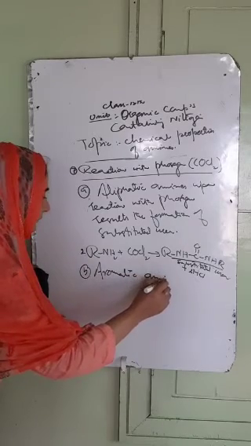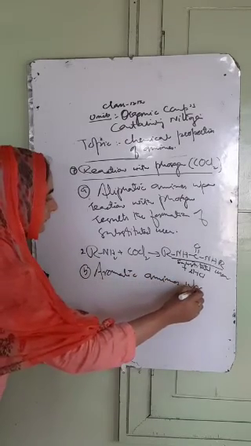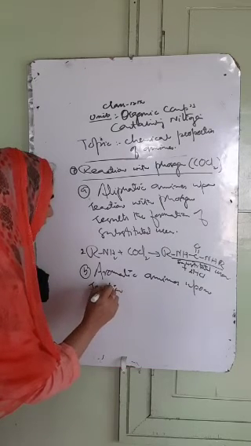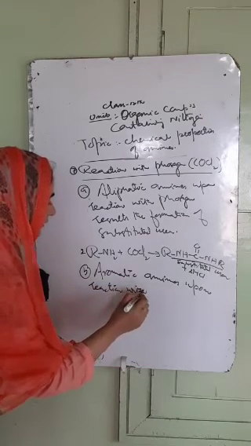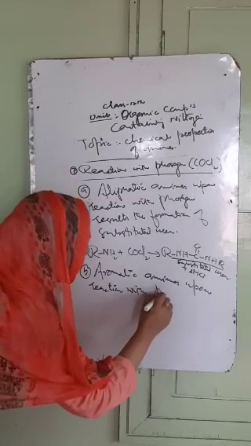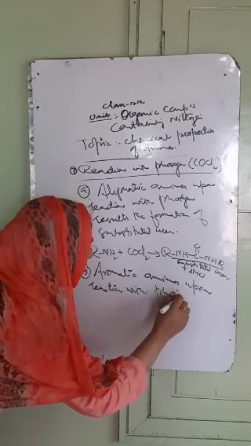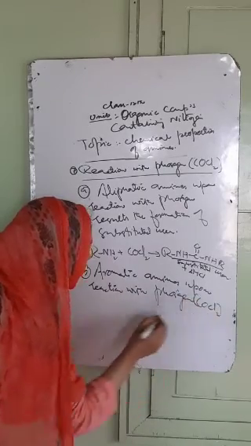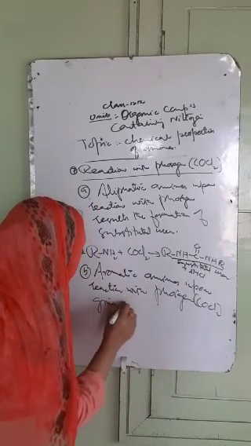B. Aromatic amines upon reaction with phosgene, COCl2, give us phenyl isocyanate.